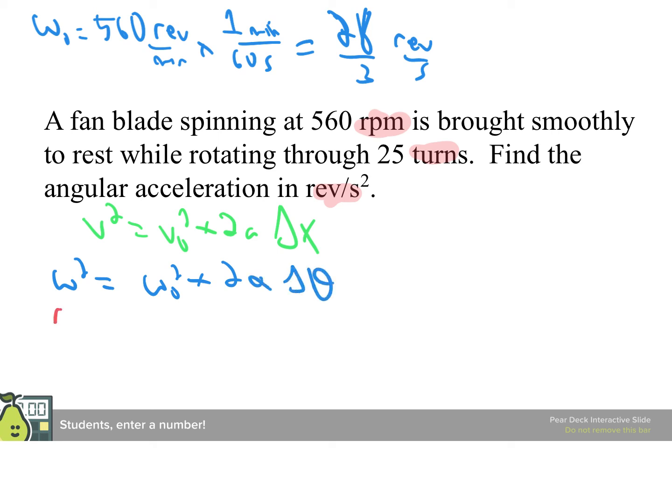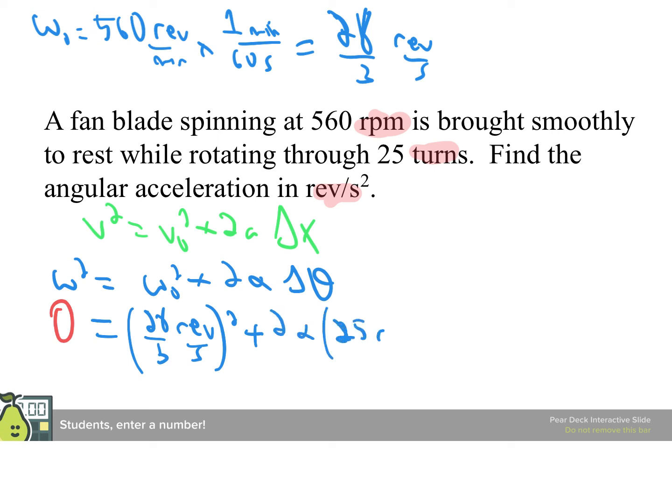We know that we're ending at rest, and we have 28/3 rev per second quantity squared plus 2 times alpha times 25 revolutions, because 25 turns and 25 revolutions are the same thing. We're going to solve for alpha.